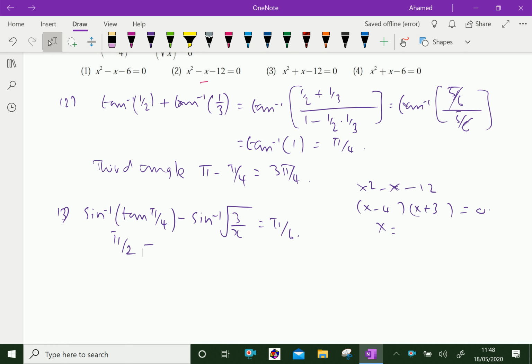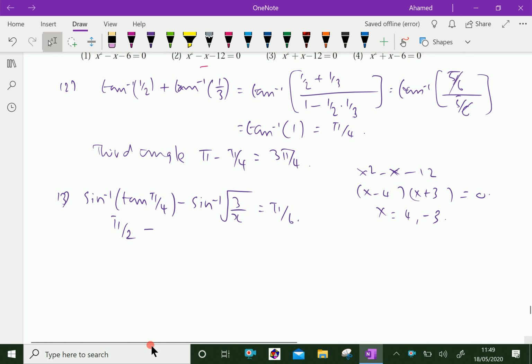Here x equals 4 and minus 3. Suppose x equals 4, if you put x equal to 4 here, root 3 over 4 is root 3 by 2. If you take the solutions of other equations, they won't fit here because the negatives are not fitting.